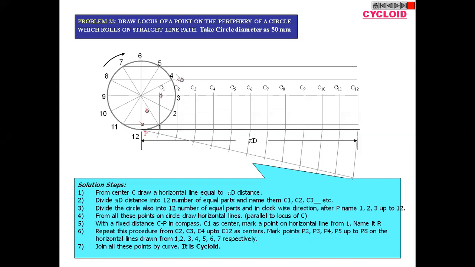In the same way, with C5 as a center, draw an arc on the horizontal line passing through point number 5. With C6 as a center, this is the point P6. Consider the horizontal line of point 7, with C7 as a center, then draw one arc. With C8 as a center, draw one arc here. With C9 as a center, the horizontal line is point number 9 correspondingly.